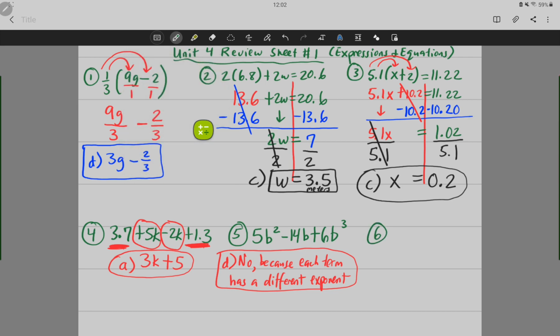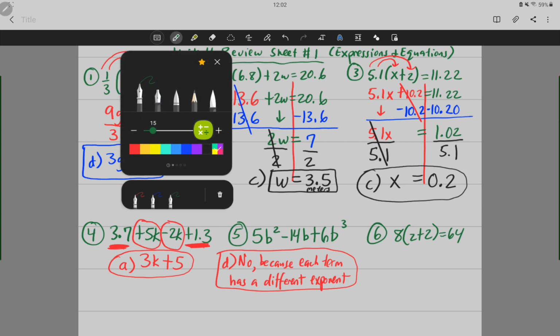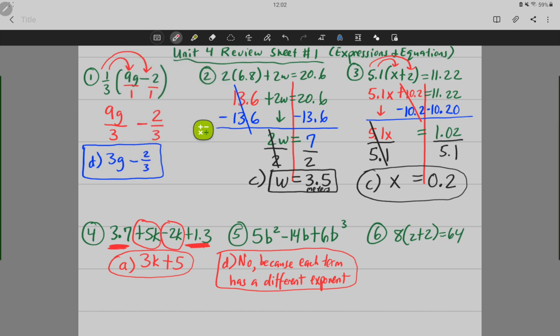All right, question number 6. We have another equation. It says 8 times z plus 2 equals 64. Now, if we just look at number 3, where we used the distributive property and we multiplied, we can do the same thing again for number 6.